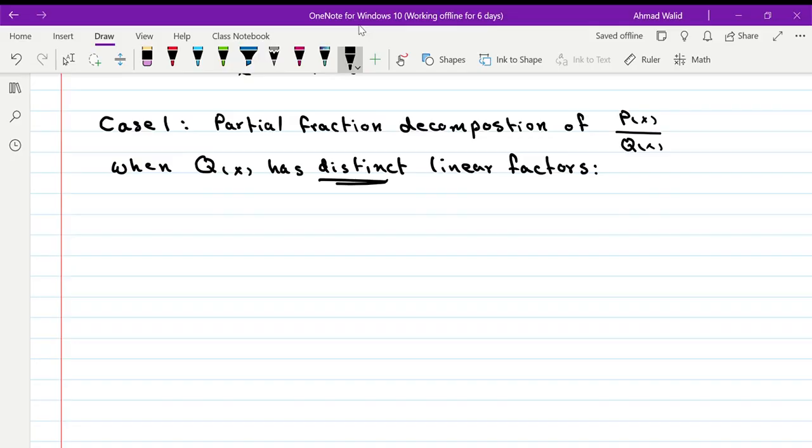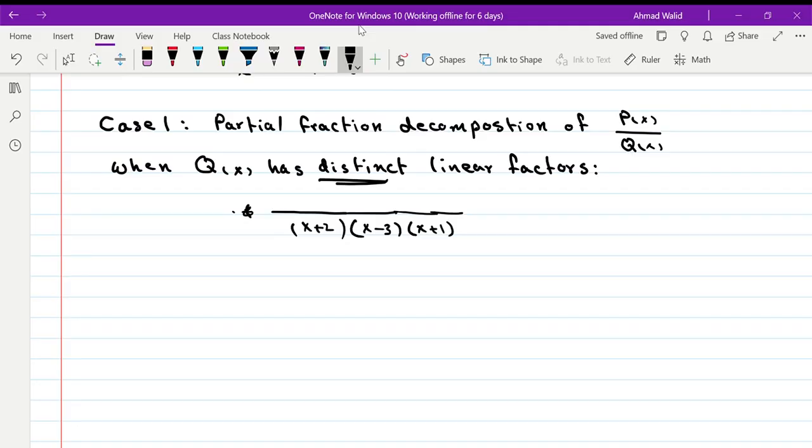In case 1, we are decomposing rational expressions whose denominator has distinct, meaning unique, linear factors. For example, what does distinct mean? When your denominator is like this, x plus 2 times x minus 3 times x plus 1, your denominator has distinct linear factors.